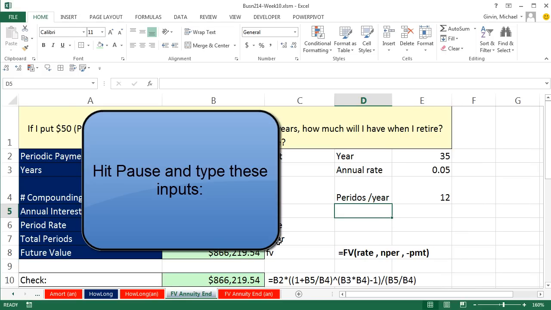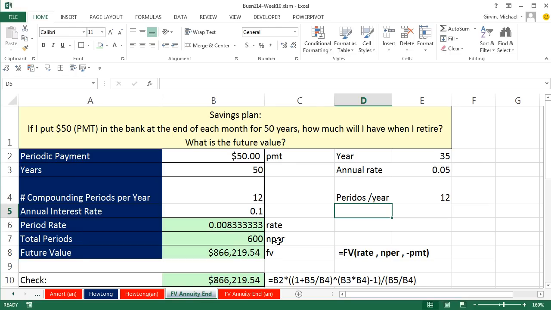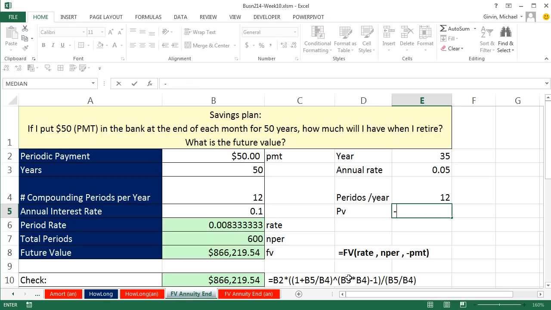We're also going to need to know what the present value is, because we're going to have withdrawals each period. Well, that's the amount we got on the day we retire, but if we immediately put it back in the bank and just let it sit there, then that would become the present value. And guess what? We're going to call this a negative. And so I'm going to go minus this.